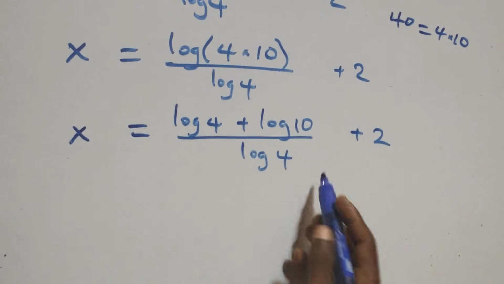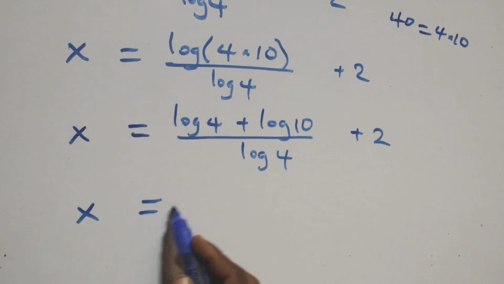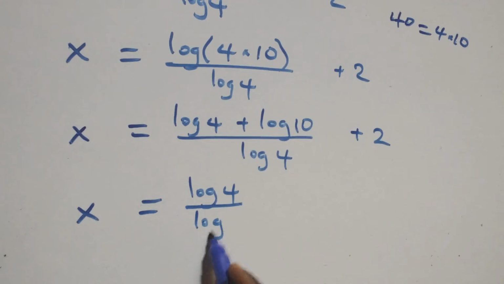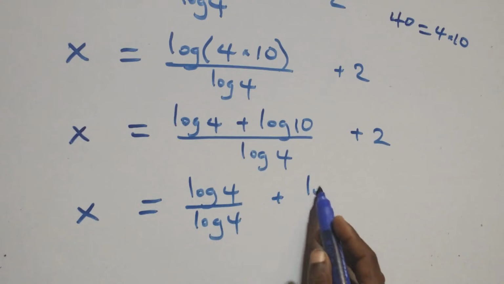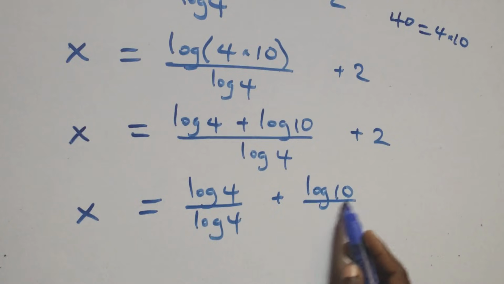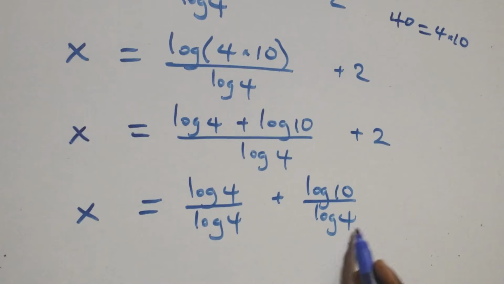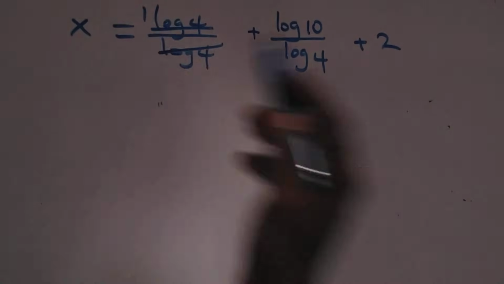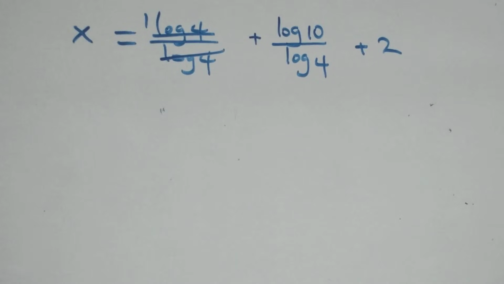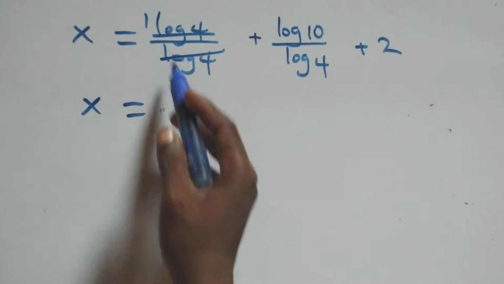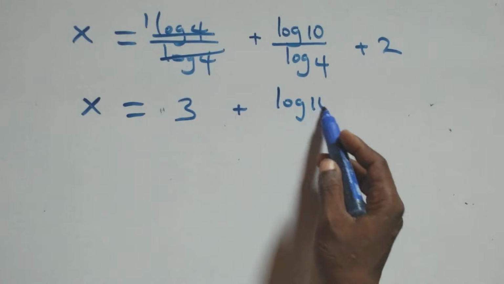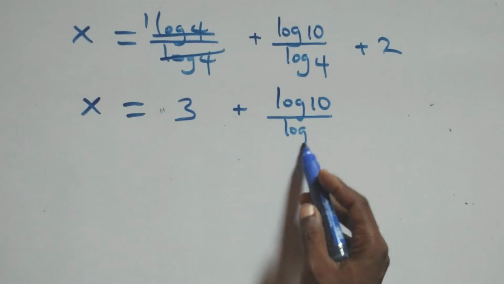Then we separate this into two fractions. We have x equals log 4 over log 4 plus log 10 over log 4 plus 2. That is, from here, log 4 cancel each other. We have 1 left here. Then what we have becomes x equals 1 plus 2, that's 3, plus log 10 over log 4.